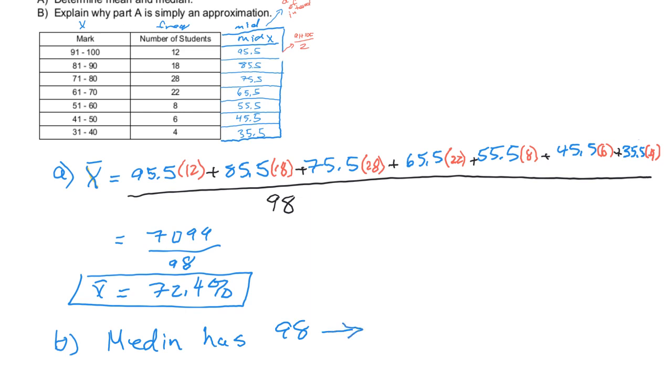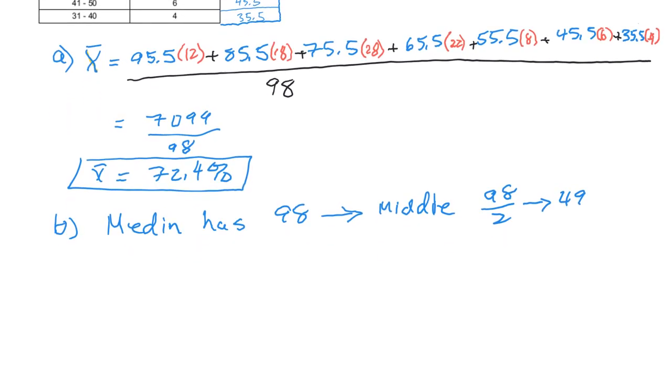So in order to get the middle, we need to take 98 and divide it by 2, so that gives me 49. So if you think about it, in the middle we have position 49, and going from the top, counting down, we also have position 49. So the middle point is going to be an average of the two numbers at the middle point. So let's figure out where that is on our chart.